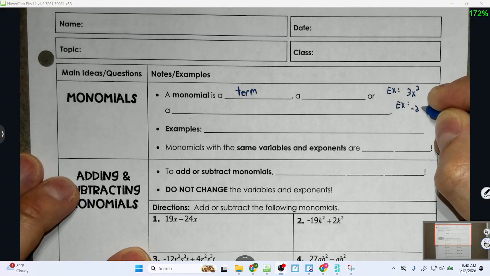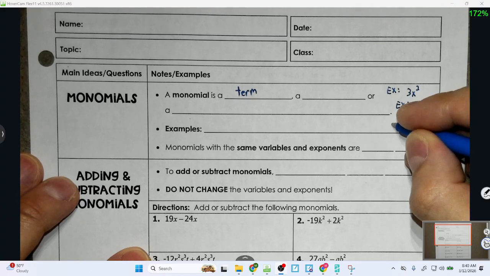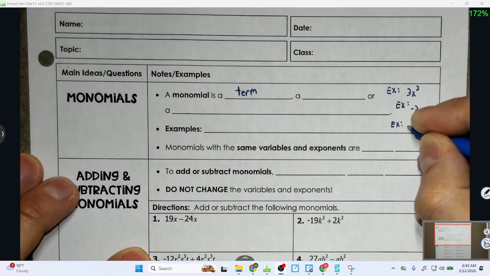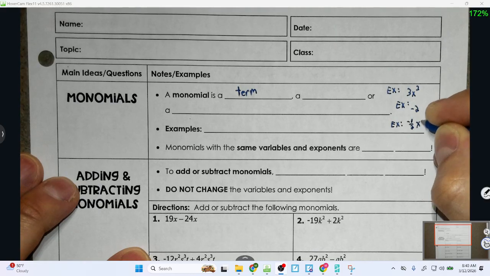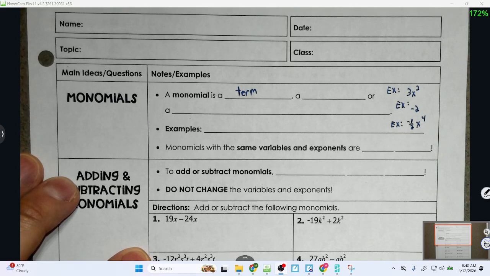Negative 2 is a monomial, and negative 1/2 x to the fourth is a monomial, okay?